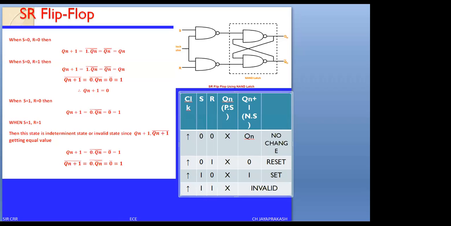Whatever may be the previous state or present state, whatever may be the value of Q of n, the next state will be reset to 0. Similarly, third condition, when S equals 1 and R equals 0, the next state Q of n plus 1 equals 1. Whatever may be the previous state or present state, Q of n, there is no problem. Okay? In this way you have to explain.